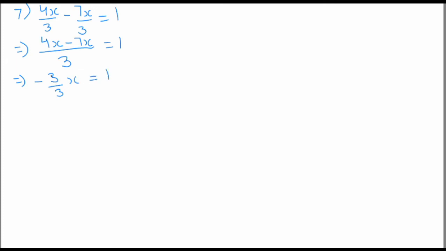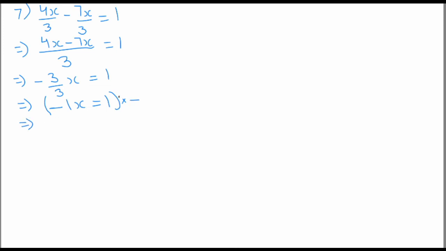3 and 3 we can cut. It will be minus 1x equals 1. Now we can't keep the variable as negative, so we will multiply the whole equation with the negative sign. And what we will get?